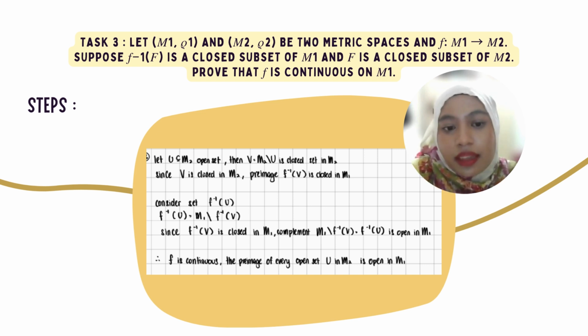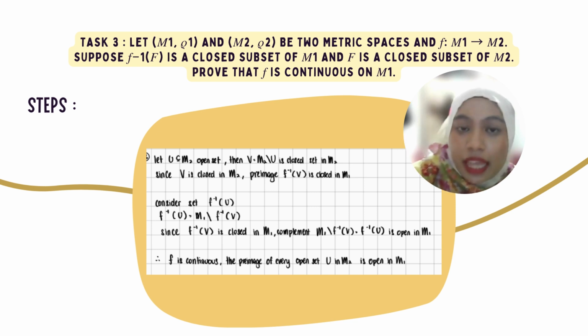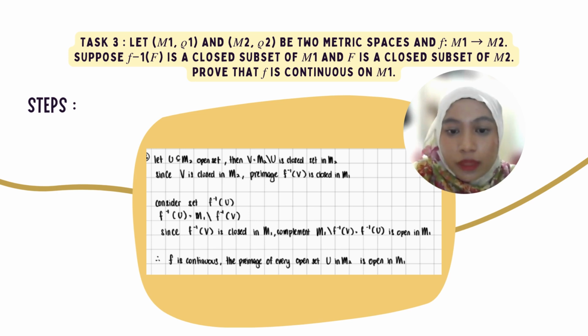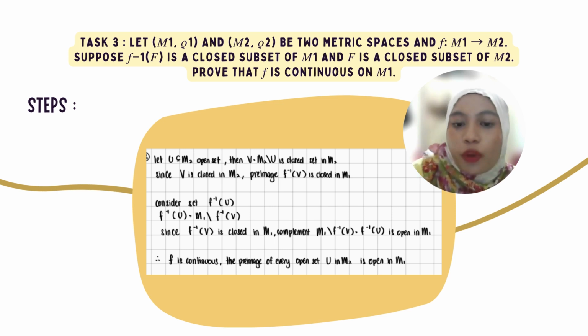We consider the pre-image f^-1(U), which is equal to M1 minus f^-1(V). Since the pre-image of V is closed in M1, its complement f^-1(U) is open in M1.